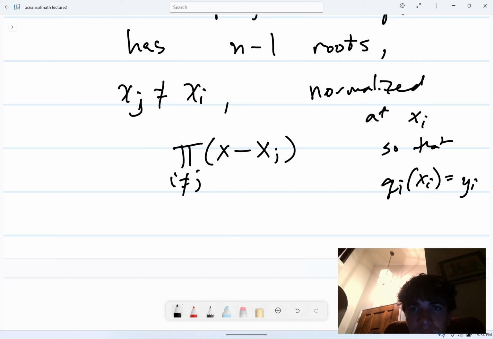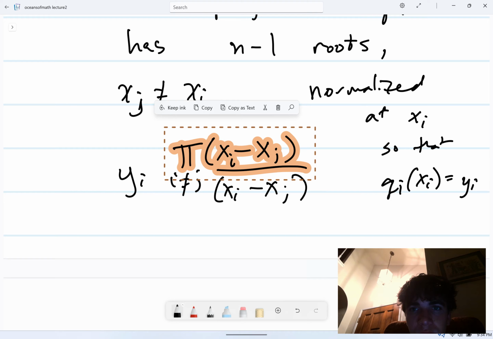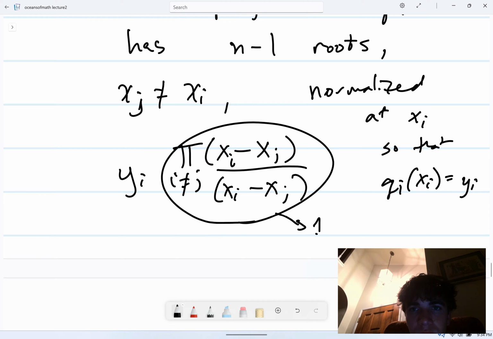So how do I normalize it? Well, I pretend that I've plugged in x sub i. This is the term that I want to survive. And so I need to make this first part 1. So I divide by every term in the product to make it go to 1. And then I multiply outside by y sub i to make it go to y sub i. So this thing goes to 1, and this survives.